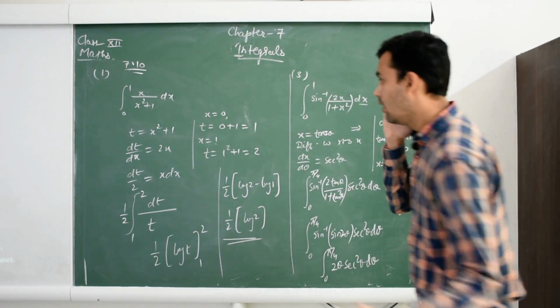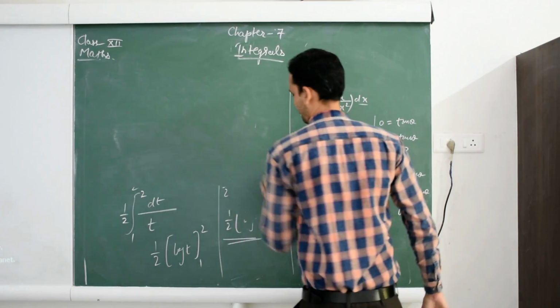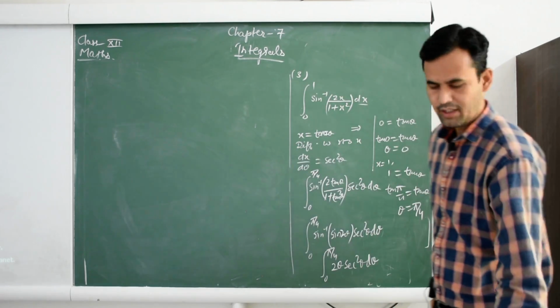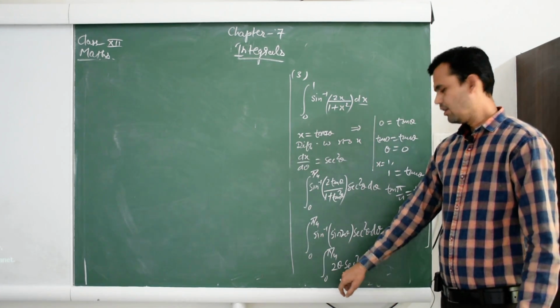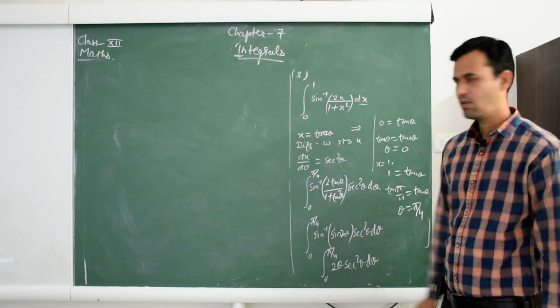Now by integration by parts: first times the integration of second, minus the integration of the derivative of first times the integration of second dx.